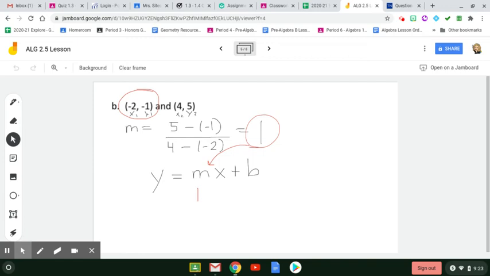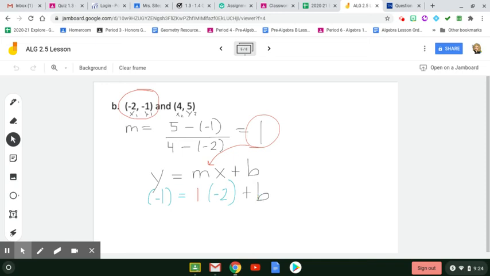All right, so what I'm going to do is I'm going to pick -2, -1 as my ordered pair that I'm going to use for x and for y. So x is going to be -2, y is going to be -1, and my job right now is to solve for b, which is my y-intercept.